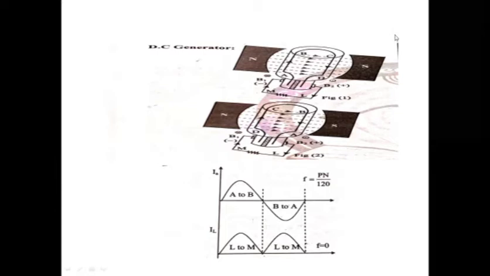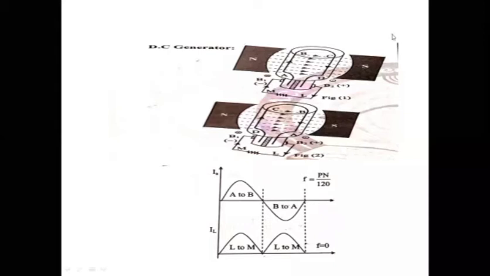The field magnets have North Pole and South Pole, and ABCD denotes the conductor. You can see the direction of the magnetic field, not the current, from North Pole to South Pole, and you have the brushes B1 and B2. In the next case, it shows CD has come to the other side.